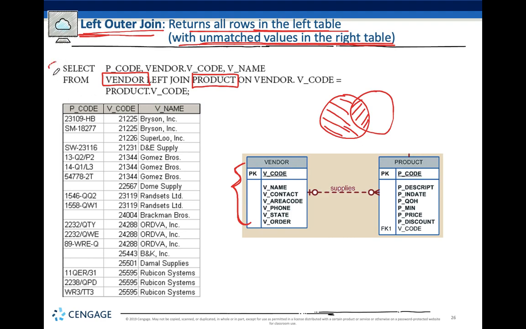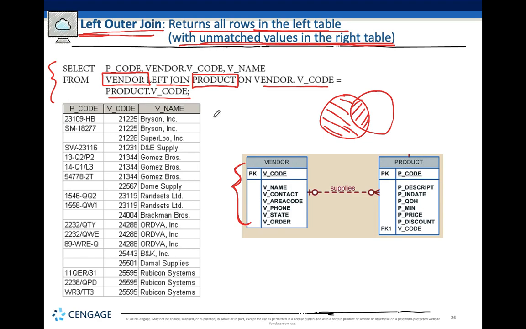Let's take a look at the syntax for a left outer join. The syntax is select pcode, vendor.vcode, vname from vendor left join product on vendor.vcode equals product.vcode.